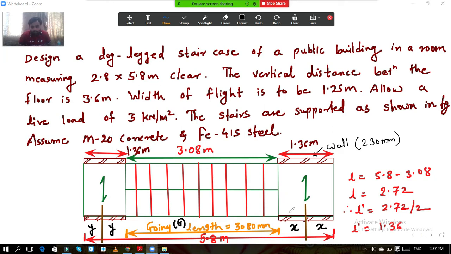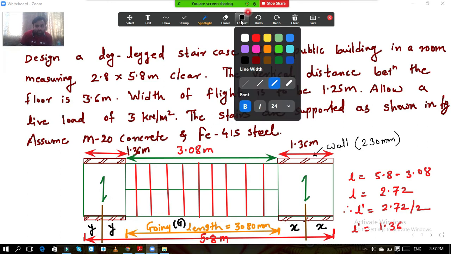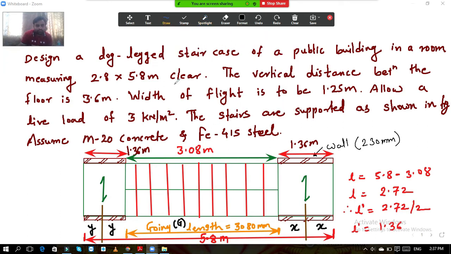Before the effective span we need to calculate the value of x and y. Now here you will see that this total is 1.36 meter, so this total is 2x, so 2x is equal to 1.36 meter, so x will be 1.36 by 2. Similar is the thing with y. If you see from the diagram, it is clear that 2x is equal to 1.36 meter. So therefore, x is equal to 0.68 meter near about.